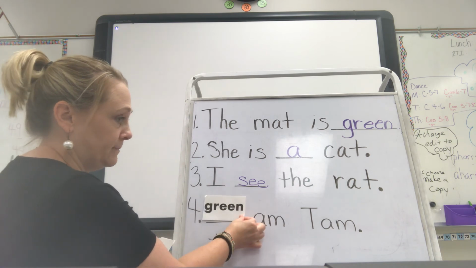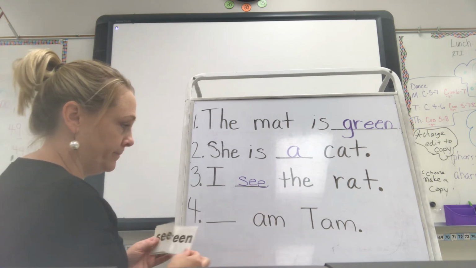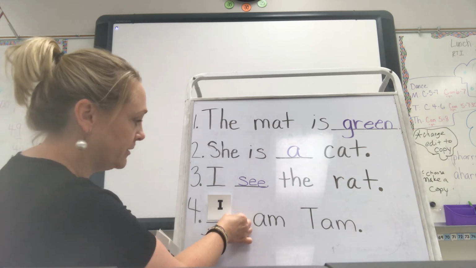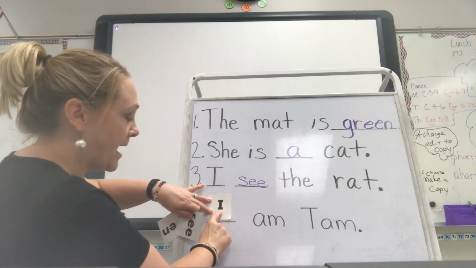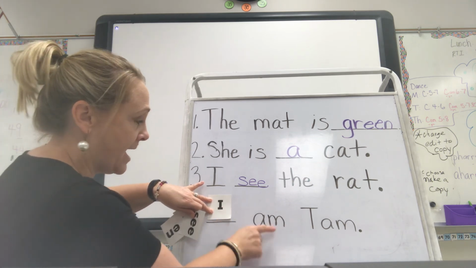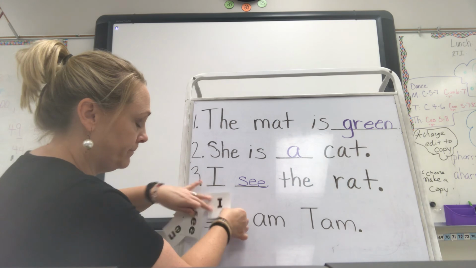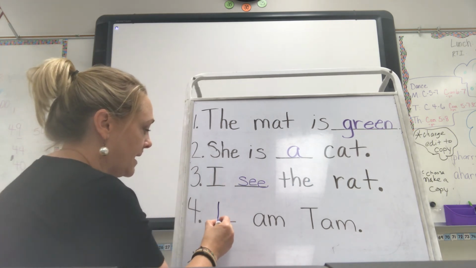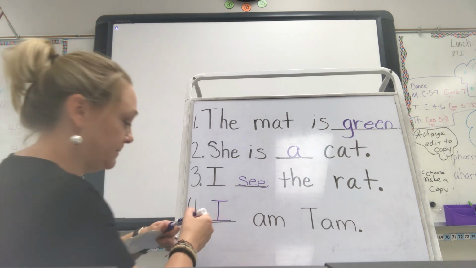Or green am Tam. If you chose I, that is correct. Most of the time, I is always going to come before the word am. I am Tam. So that's kind of a hint for you.